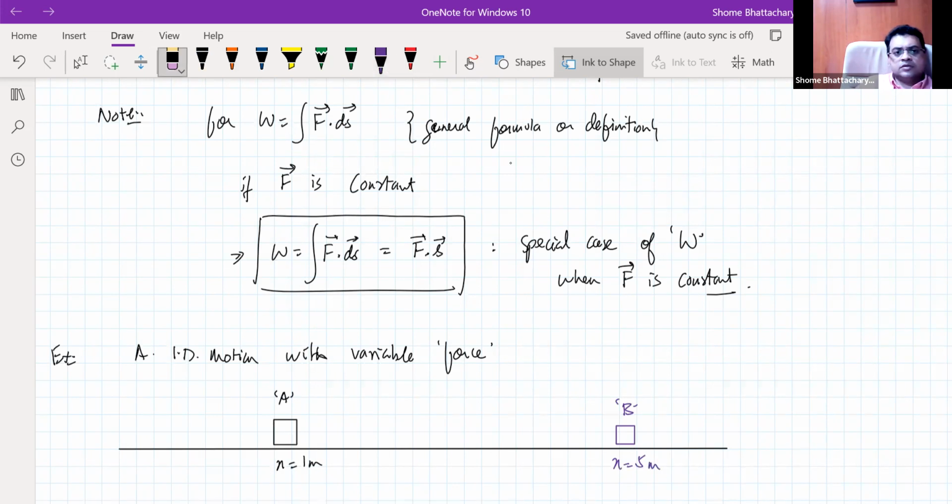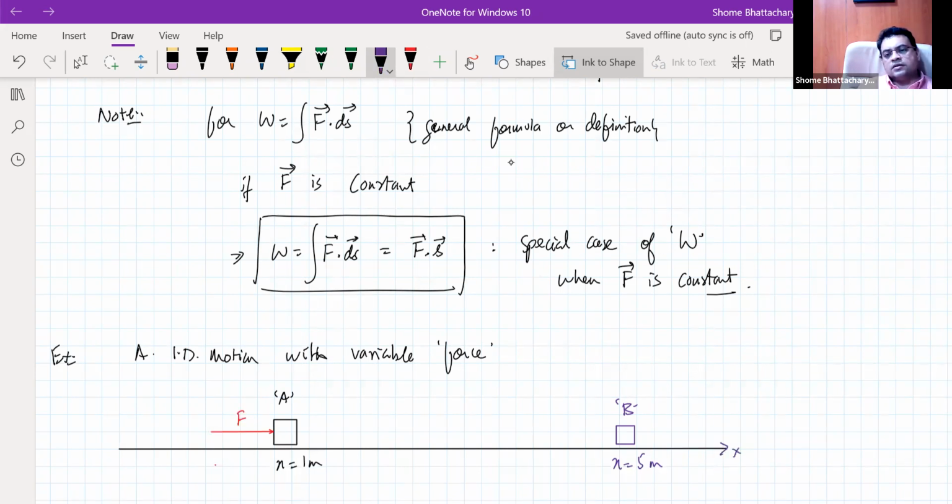But during this motion from A to B, there is a variable force acting on it. Direction is always along the x-axis, but the magnitude varies with the x coordinate.